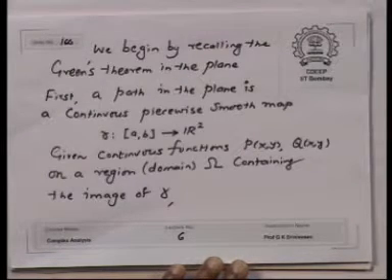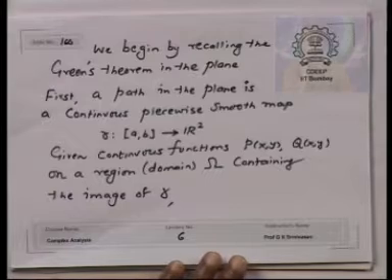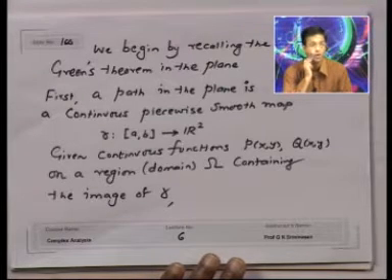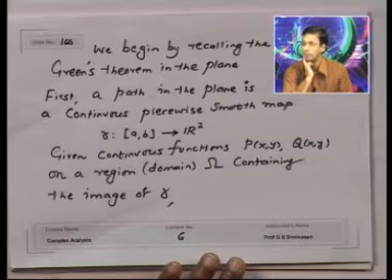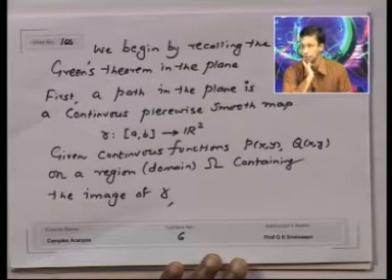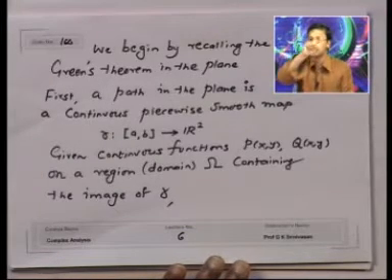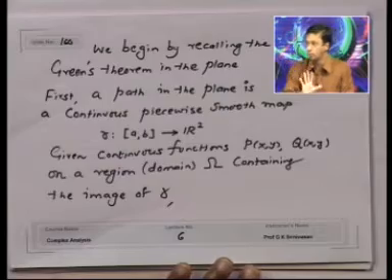For example, suppose I take p of x,y to be equal to 1 over x squared plus y squared. What is the domain? R2 minus the origin. So I could take the path to be the circle cosine t comma sine t. That is, the image of the path should lie in the domain.